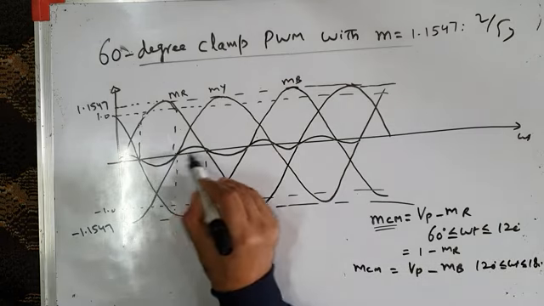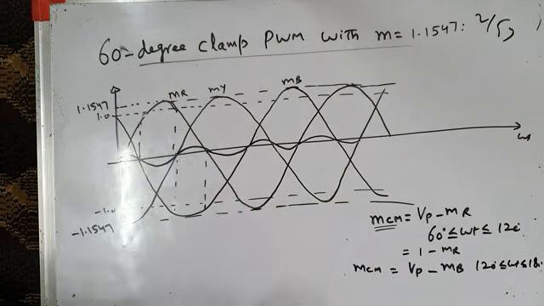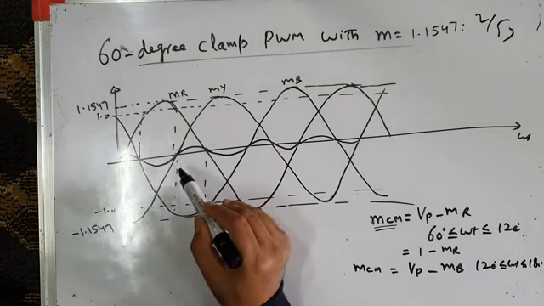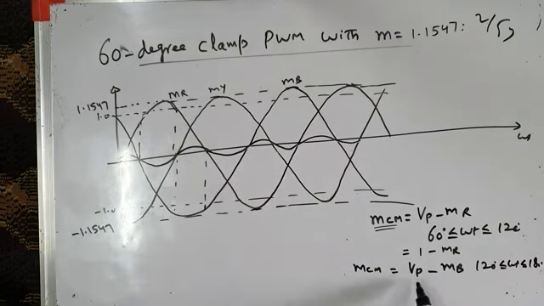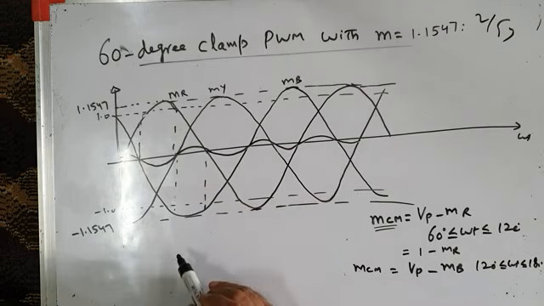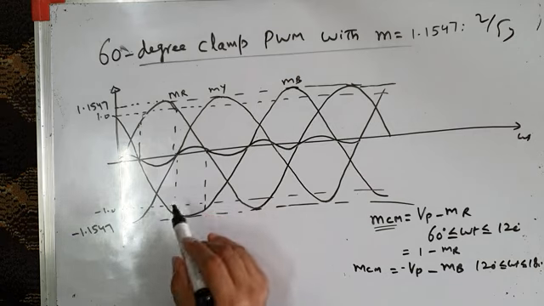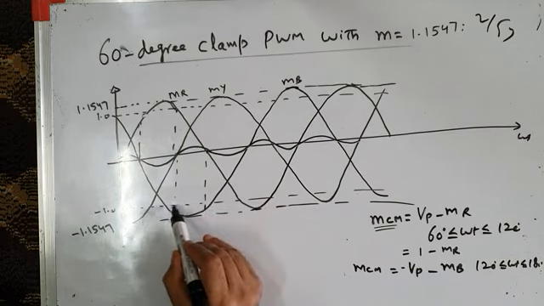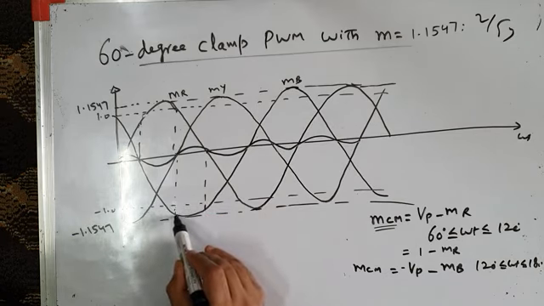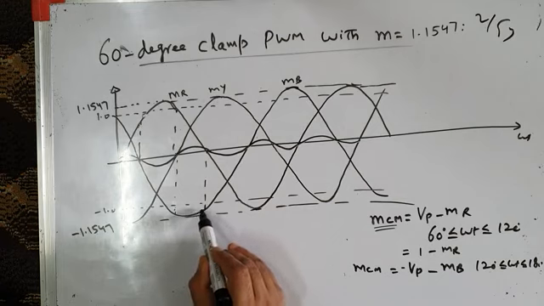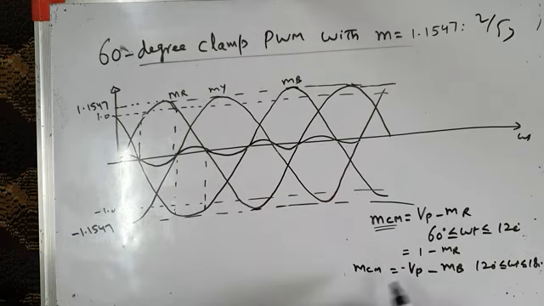See, 120 to 180 degrees, this becomes a 60 degree interval. My common mode signal is Vp minus Mb. Here my Vp, of course, is minus: minus Vp minus Mb. My Vp here is -1 and this is minus Mb. Over this interval it is -1 minus Mb.